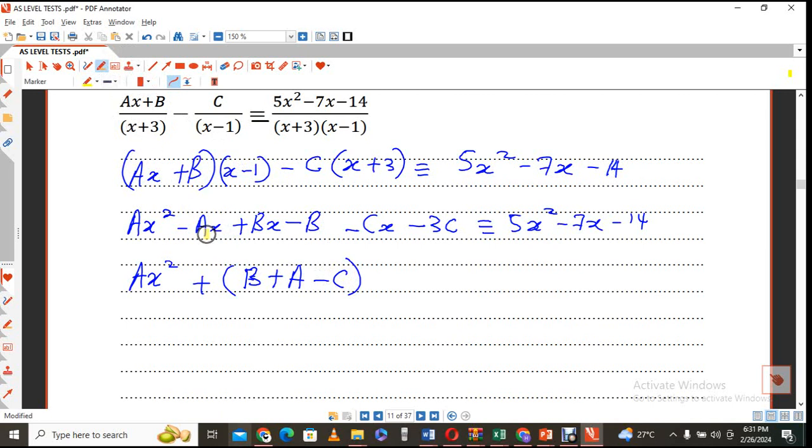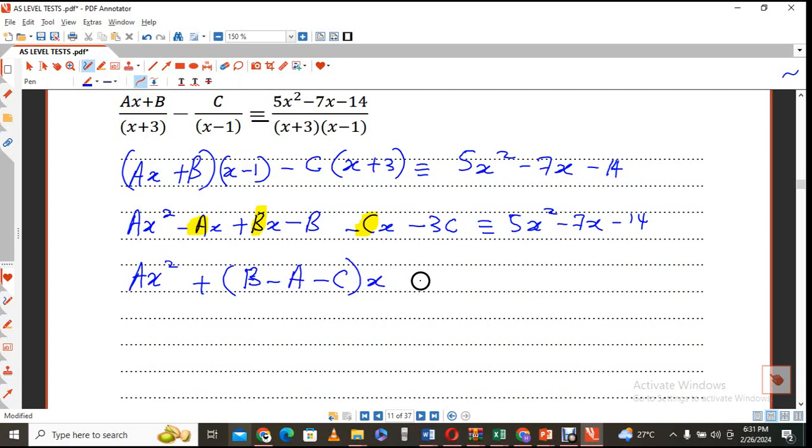I have this b, which is positive, and negative here. And this one, of course, is negative, so I must also go ahead and change this one here. So that will be b minus a minus c. That will be the coefficients of x, of course.